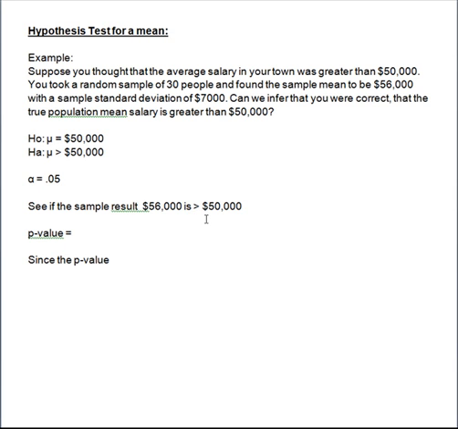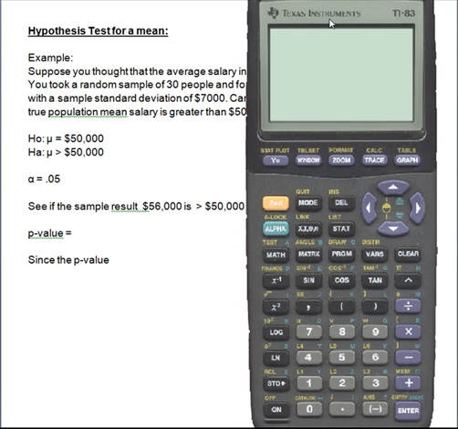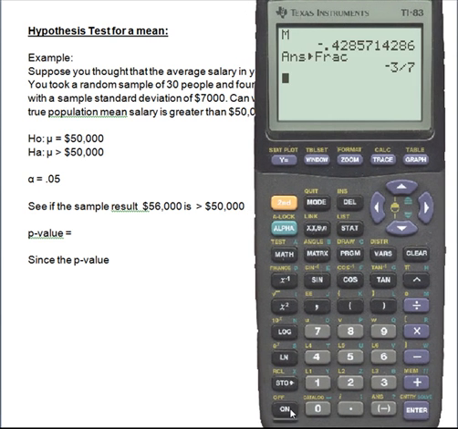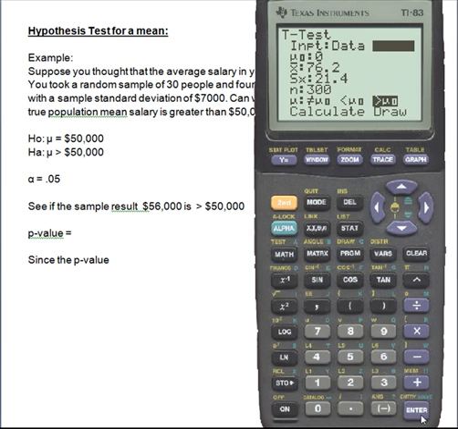So now we have to calculate a p-value, and let's bring in our trusty calculator. We hit on, then clear. Now we go into stats, go to tests, and it's a t-test for a mean. If we have data, we can put it in a list, but we can use stats.